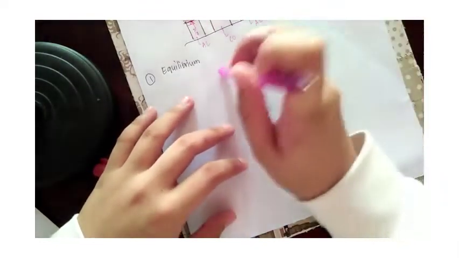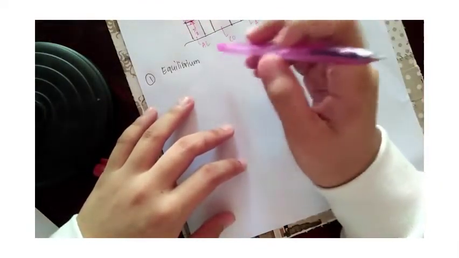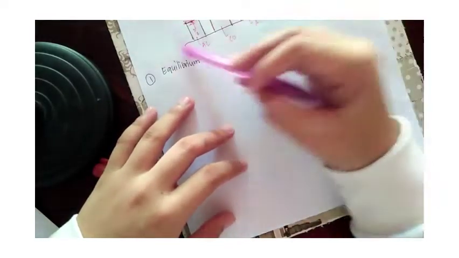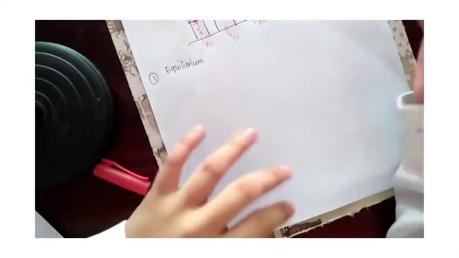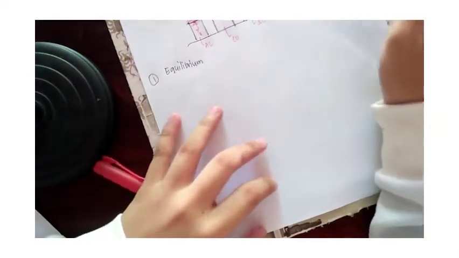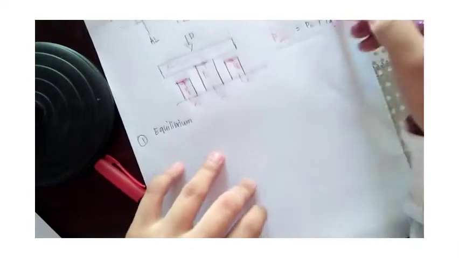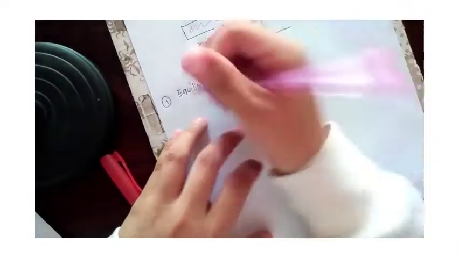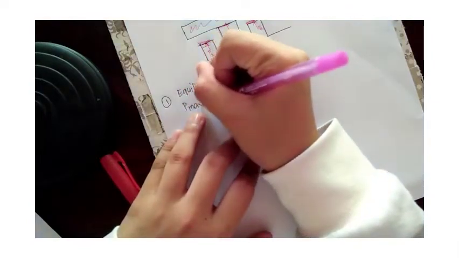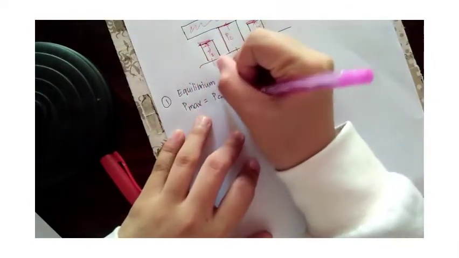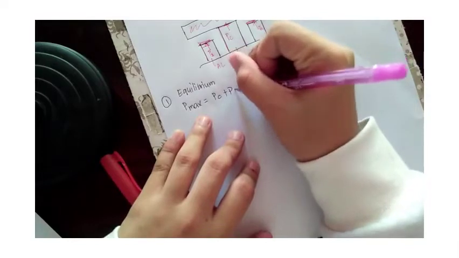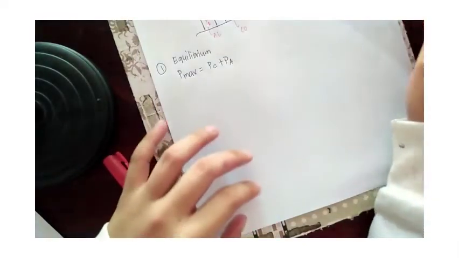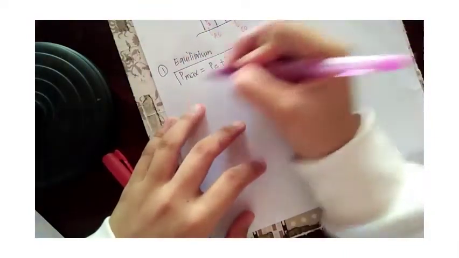So, when it comes to equilibrium, we only talk about forces. And we already got an equation here which is subjected only to forces, which is this one. So, this equation will be our equilibrium. So, here is our equilibrium equation.